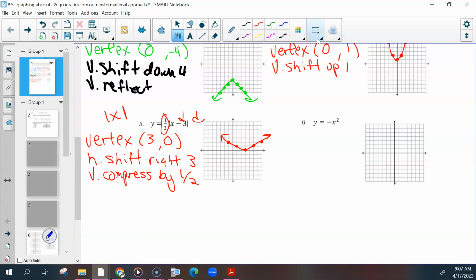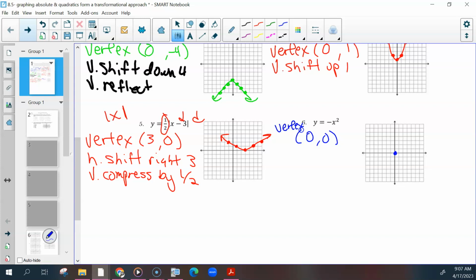What would the vertex for 6 be? 0, 0. There's nothing on the outside, nothing inside parentheses. The vertex is 0, 0. That means there wasn't a horizontal shift and there wasn't a vertical shift at all.